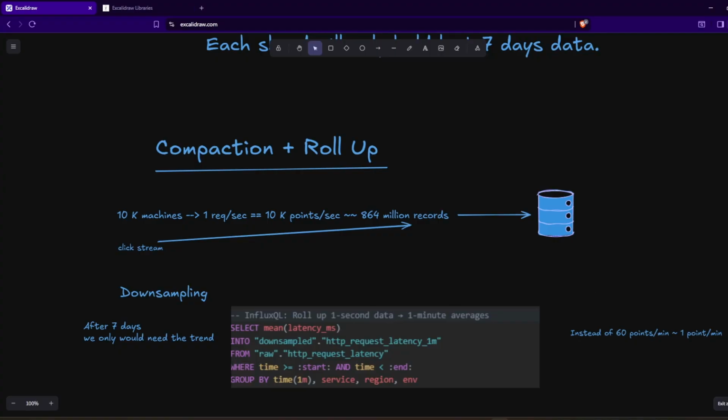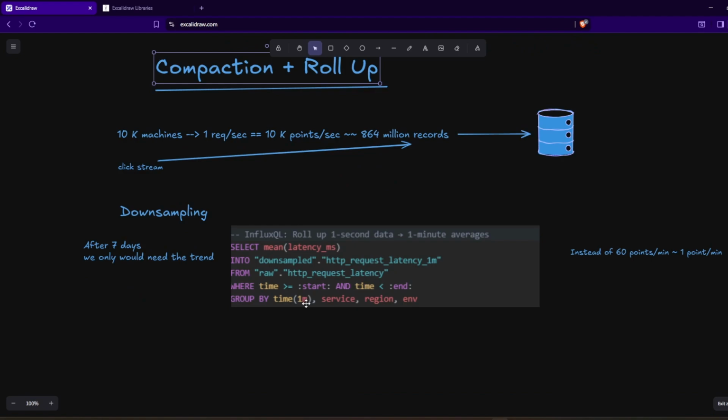Here we can see our data is gradually getting compressed, or compacted, we can say. This whole process is called compaction plus rollup. So now our rollup window is 1 minute.